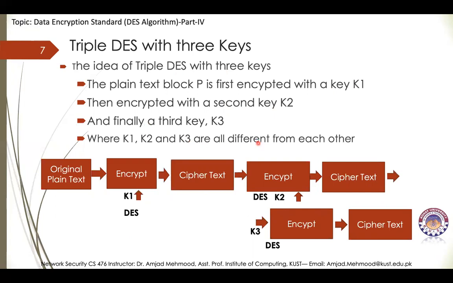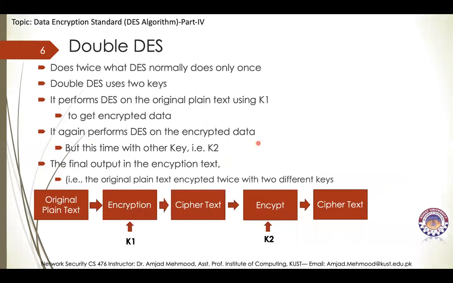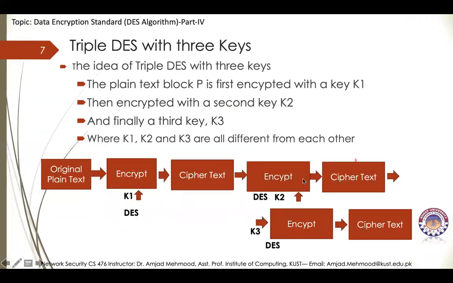So in the last slide we had double DES, so DES performed twice, but here DES is performed thrice. So DES will be performed here, DES will be performed here, and DES will be performed here.